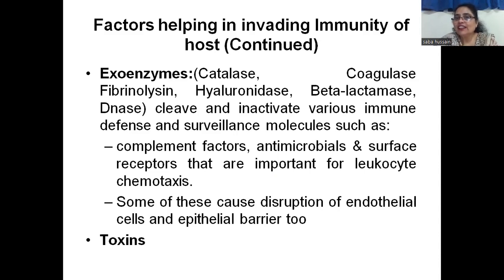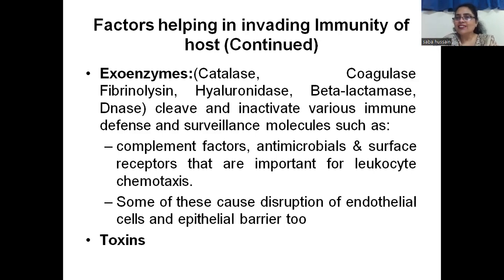They cleave and inactivate various immune defense and surveillance molecules. Our immune system is there to protect us, and a continuous surveillance is going on to detect foreign entries invading our body. So this bacteria is able to fool it because it has coagulase and the other enzymes mentioned there.